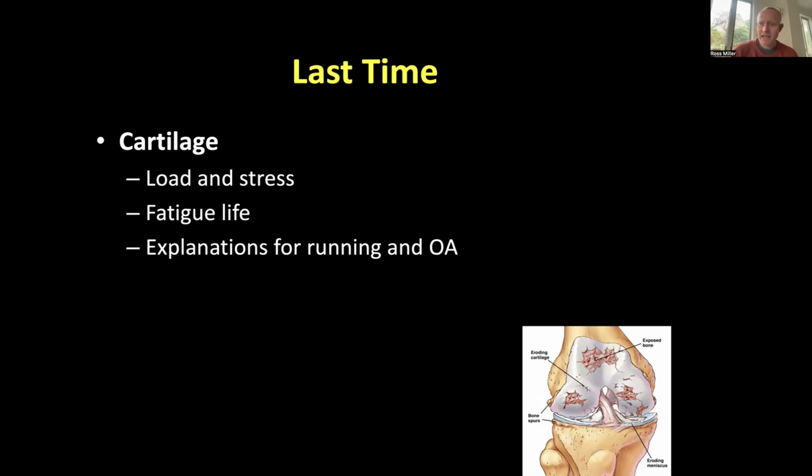We talked about the fatigue life of cartilage, and that's a fancy way of saying how many cycles of loading at different stresses a tissue like cartilage can withstand before it's damaged. We also discussed why a high load, high stress activity like running doesn't seem to cause a lot of osteoarthritis in live humans, even though in explant samples of cartilage, cyclically loading it with high stresses does result in injury.